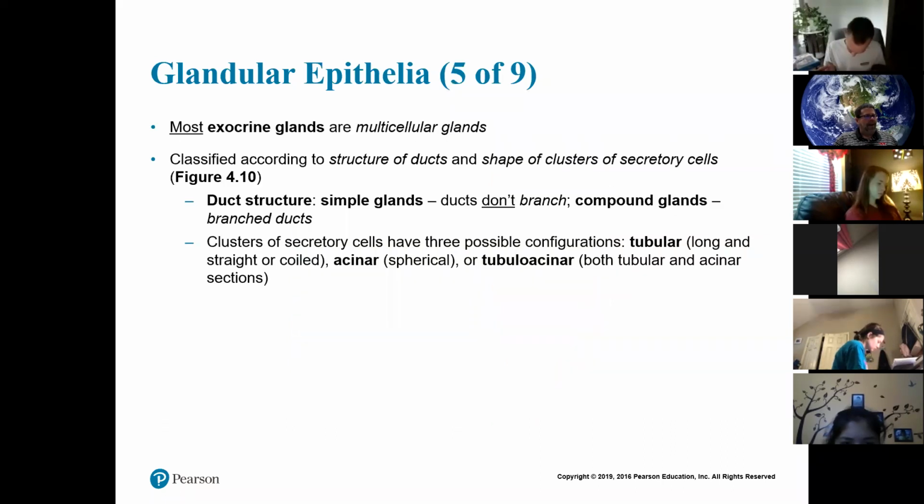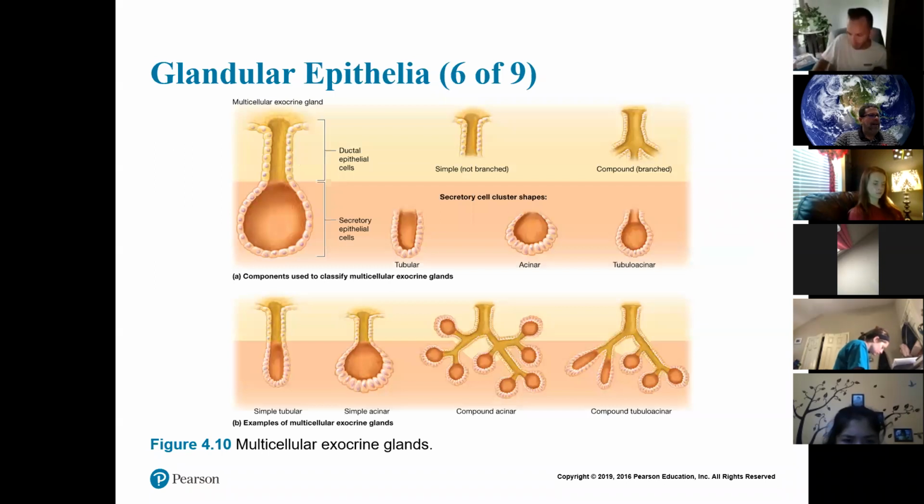Other exocrine glands are multicellular, and they're all going to have a tube or duct, and we actually name them based on the ducting. Okay, kind of wild. Now, I'm not going to go OCD on the test, but just check this out. It can be a simple single duct opening. It can be a compound branch gland. It can be the tubular shape, acinar, or tuboacinar.